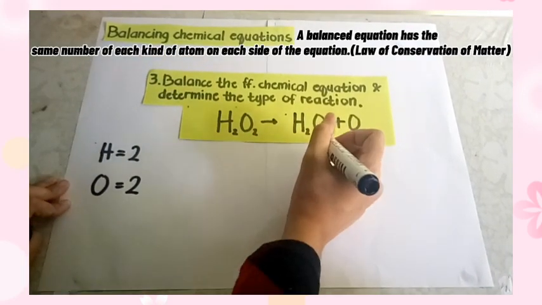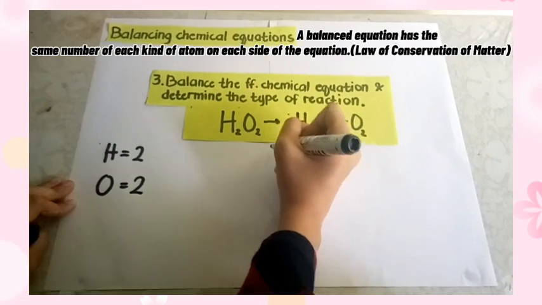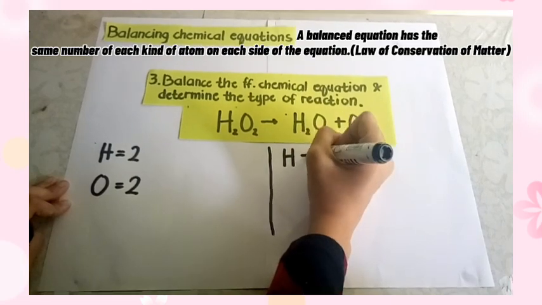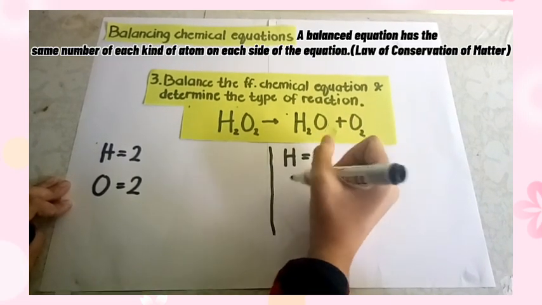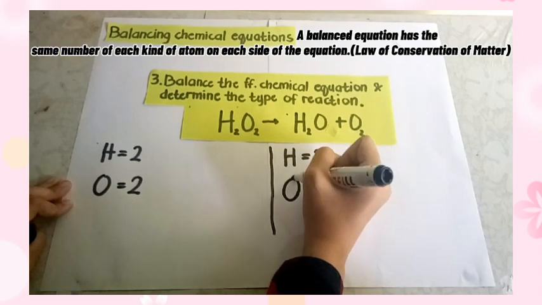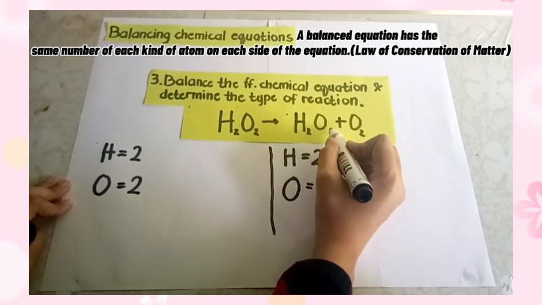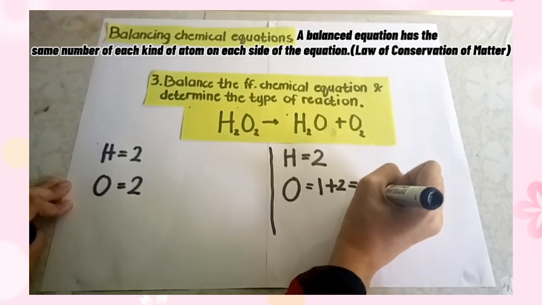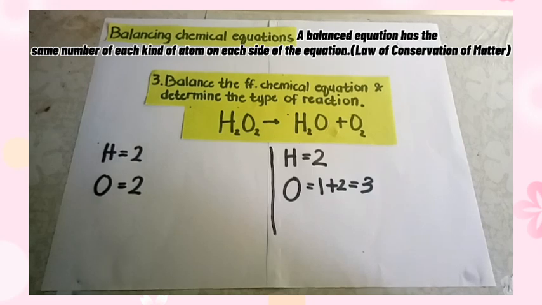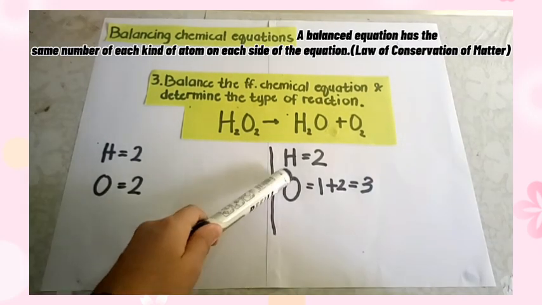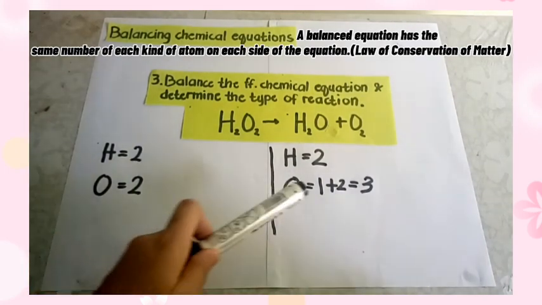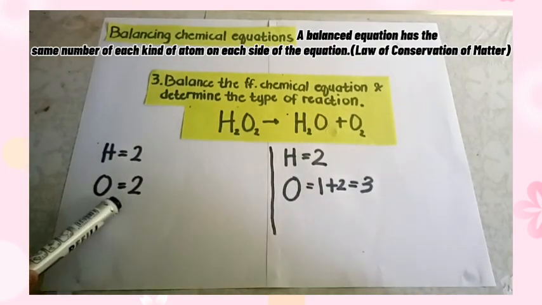And for our product side, we have two atoms of hydrogen, and for oxygen, we have 1 plus 2 atoms of oxygen, equal to 3 atoms of oxygen. So on the hydrogen, we have 2 on both sides. These are balanced. On oxygen, we have 3 on the product and 2 on the reactant.